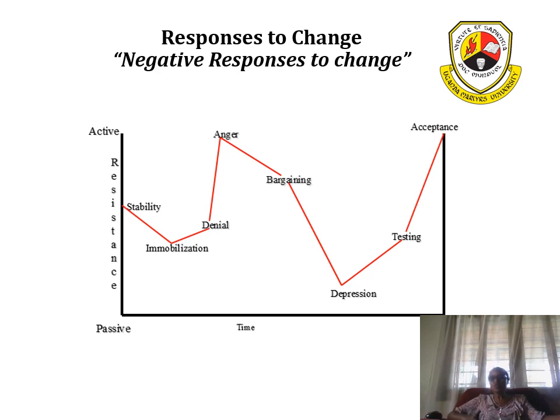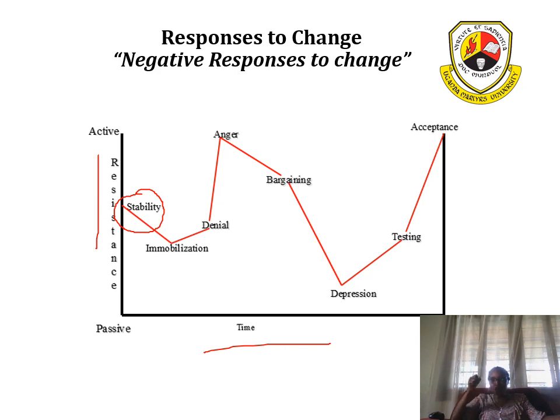We do have those people who will automatically be negative. You will have those stakeholders who will be negative. Okay? So at one side you have resistance, and on the other side you have time. Everything with time can be answered. Those who resist normally start with stability. When you have a stable system, things are going okay, and somebody brings in a change, automatically there will be resistance.